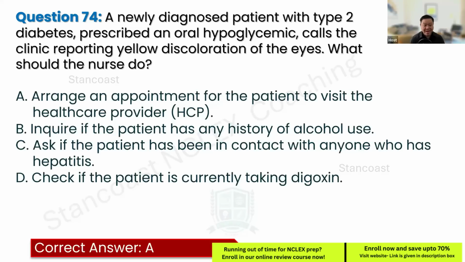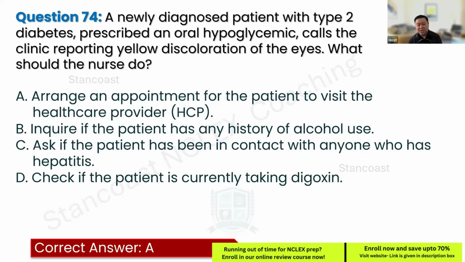Letter C is incorrect. While hepatitis can cause jaundice, the patient's medication is a more immediate concern, and the priority here is a medical evaluation. Now, letter D is incorrect because digoxin toxicity leads to visual disturbances such as yellow tinged vision, but not yellowing of the sclera.